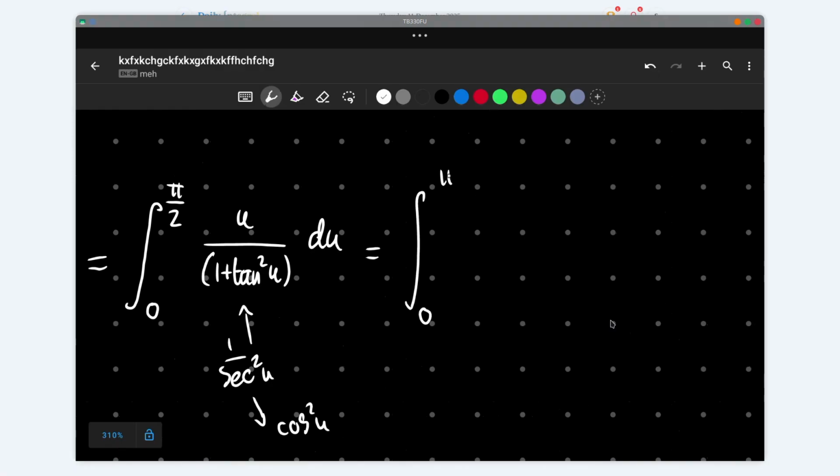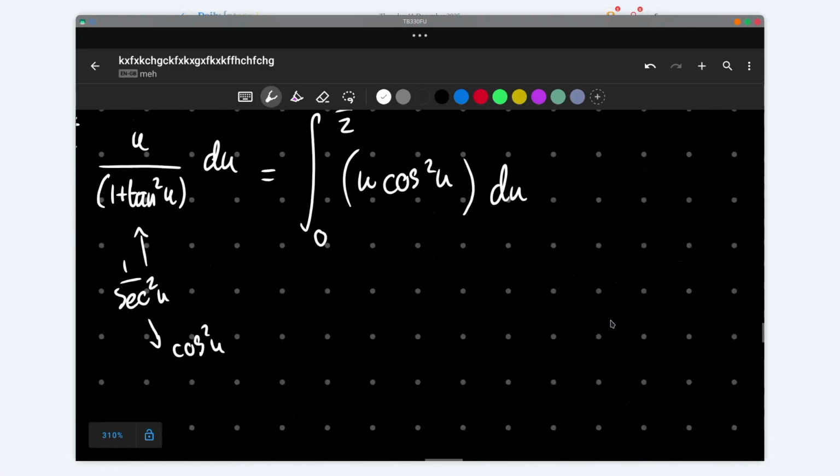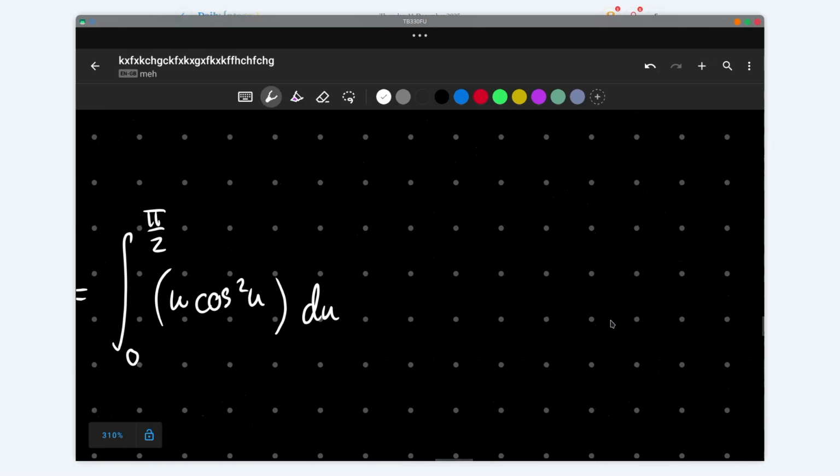So that's 0 to pi over 2 of u over sec squared u du. That's a really big bracket. And then from here, then what? Then cos squared u is equal to 1 over 2, 1 plus cos 2u.